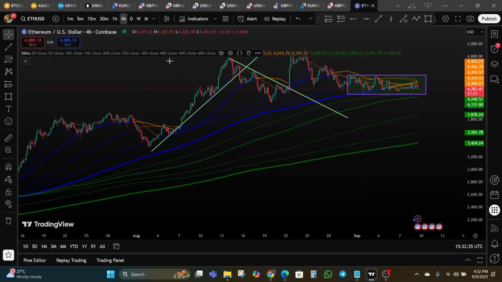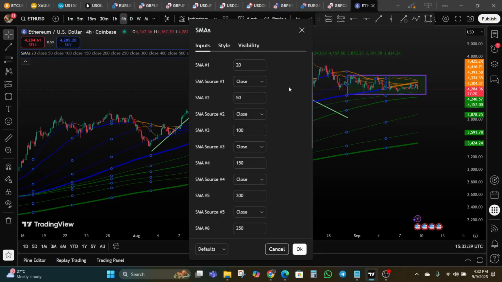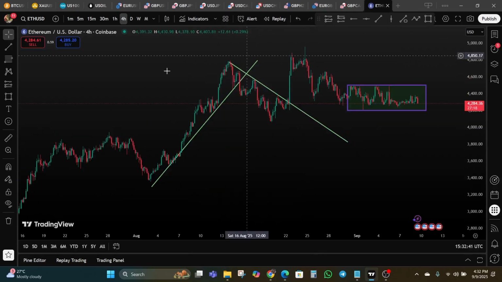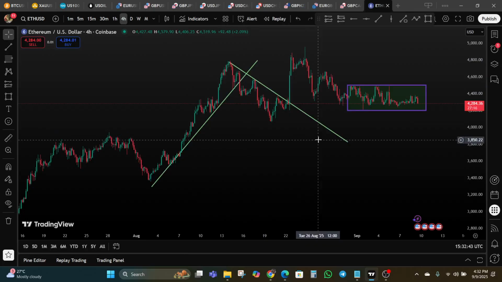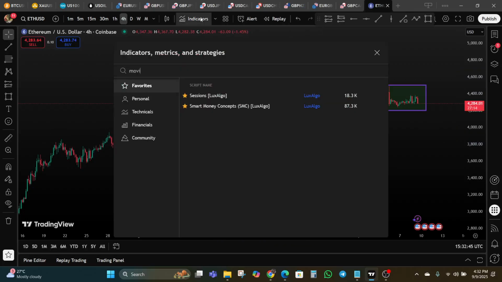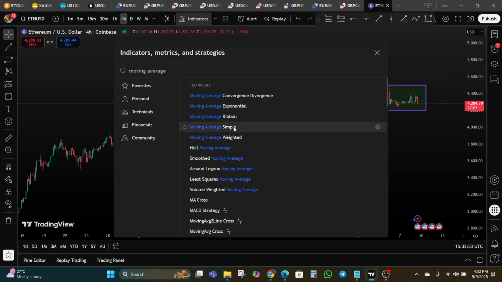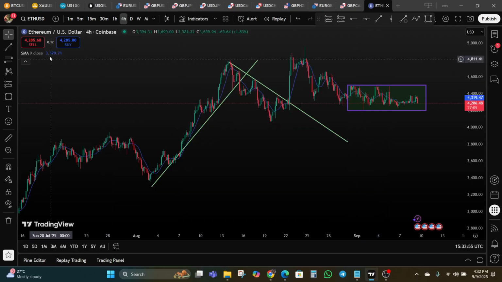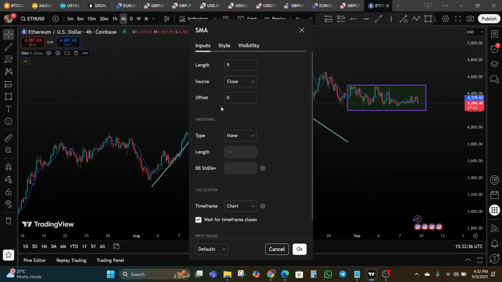Now, you don't necessarily need to use the one with multiple lines. You can just use a single simple moving average line. You can just search for moving average here and select simple, and then you can modify the length depending on your trading style.